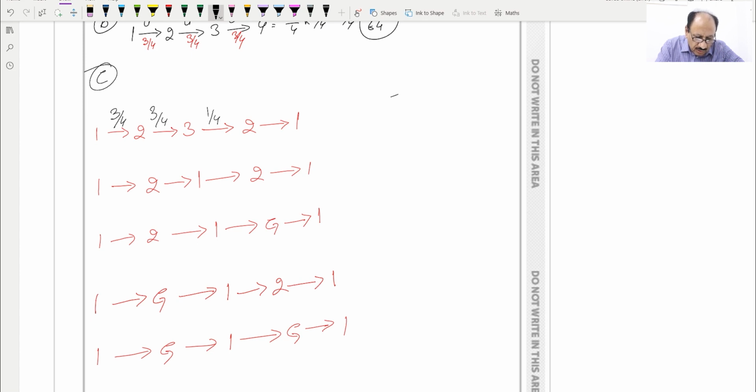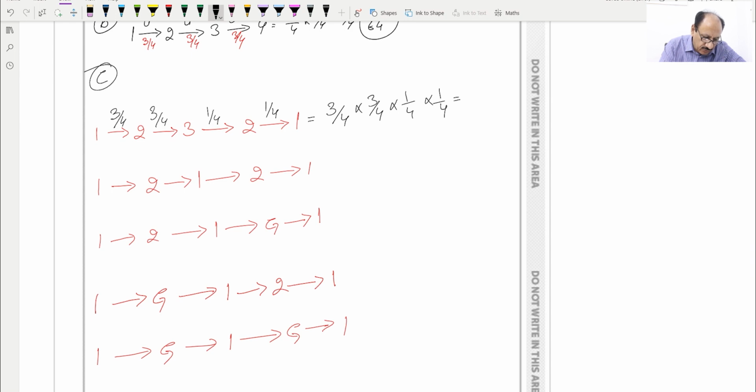This is going again down, and this will be 1 by 4. And we can write the probabilities like 3 by 4 into 3 by 4 into 1 by 4 into 1 by 4. Later on we can calculate this. We can first write all the probabilities.